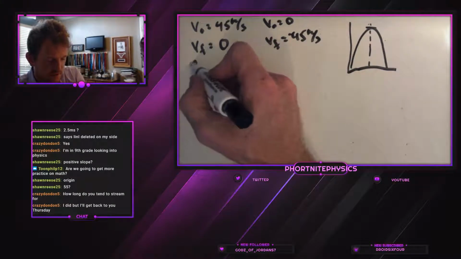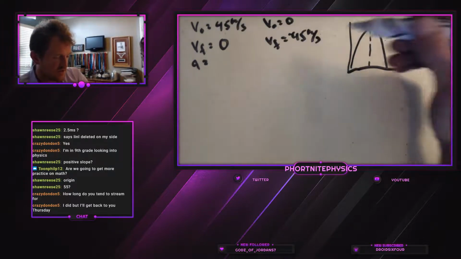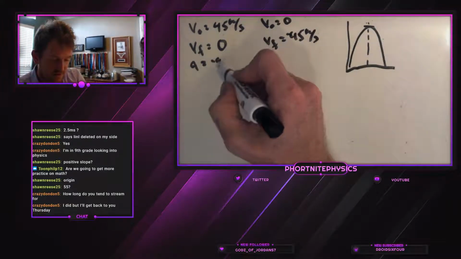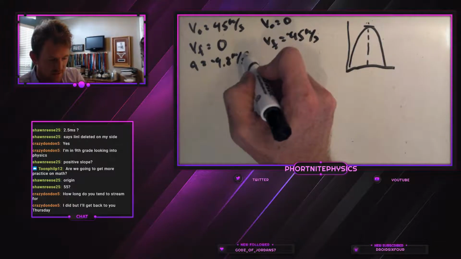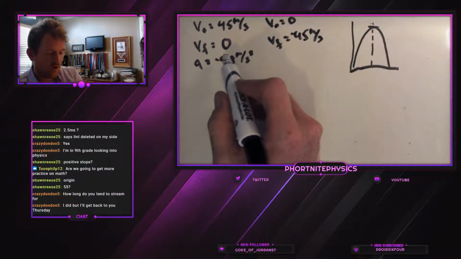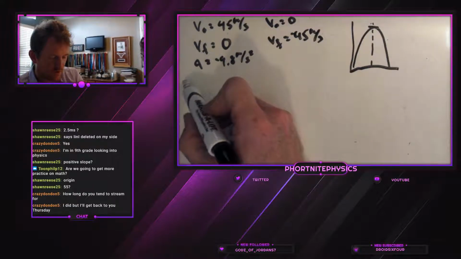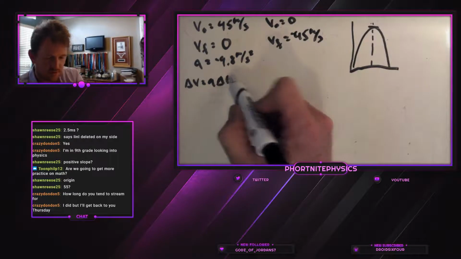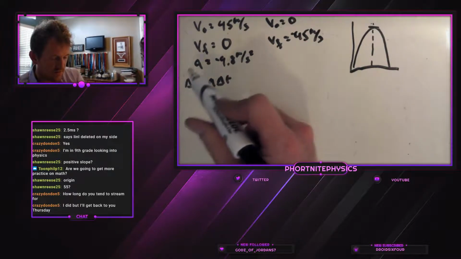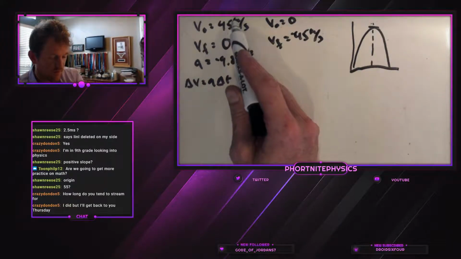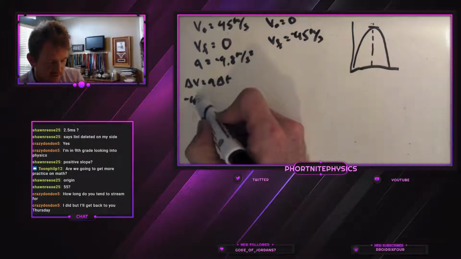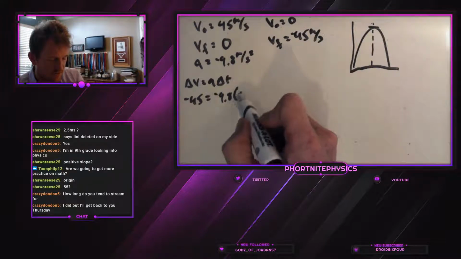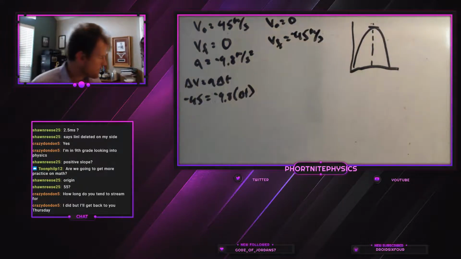Well, we know our acceleration, and since we've already defined that down is the negative direction, let's go ahead and say that our acceleration is negative 9.8 meters per second squared. So we're just going to do our delta v, which is equal to our acceleration multiplied by our time. Our delta v is from 45 to 0, so negative 45 equals negative 9.8 multiplied by however much time that would take.